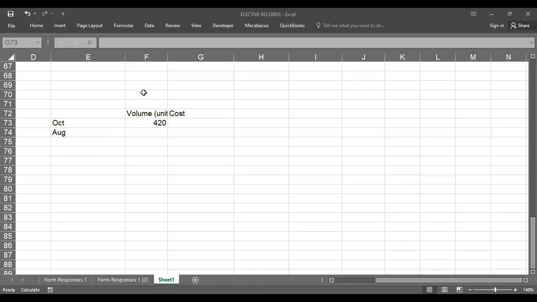October it was 2.4. Okay, then for August, you have 300.